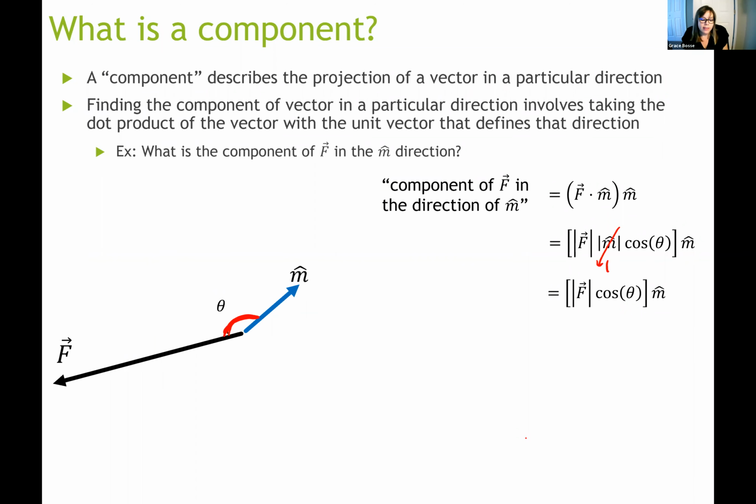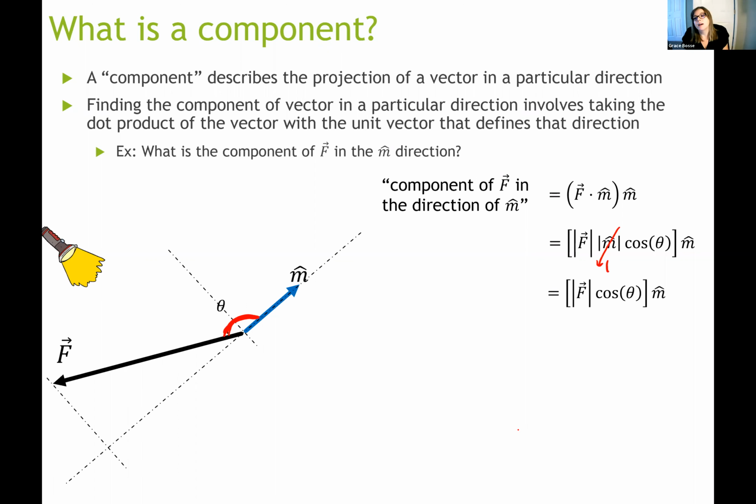So really, the component of vector f in the direction of m hat is the magnitude of vector f times the cosine of the angle between f and unit vector m, and then I multiply it by m hat. That is the component of f in the direction of m hat.